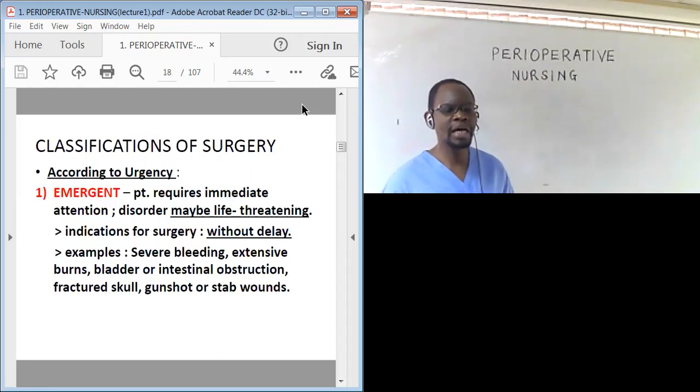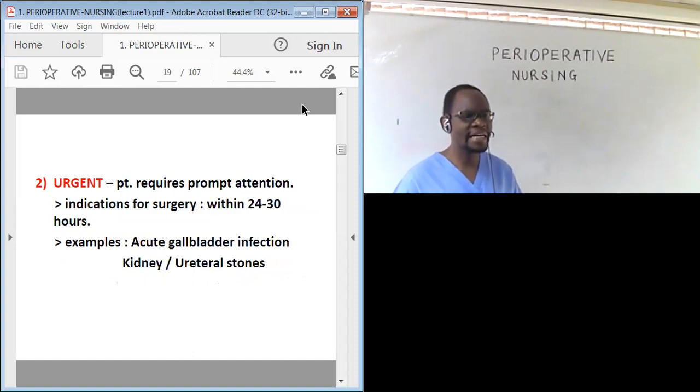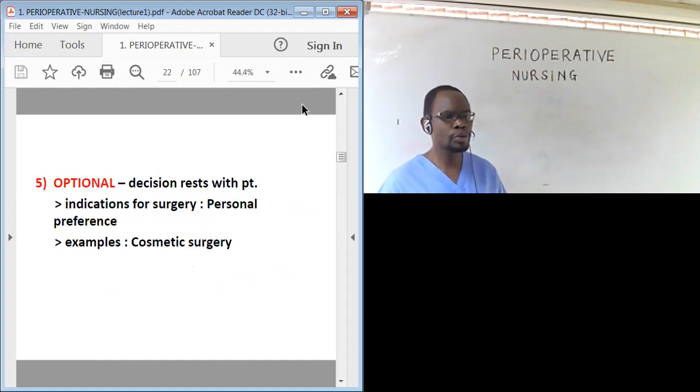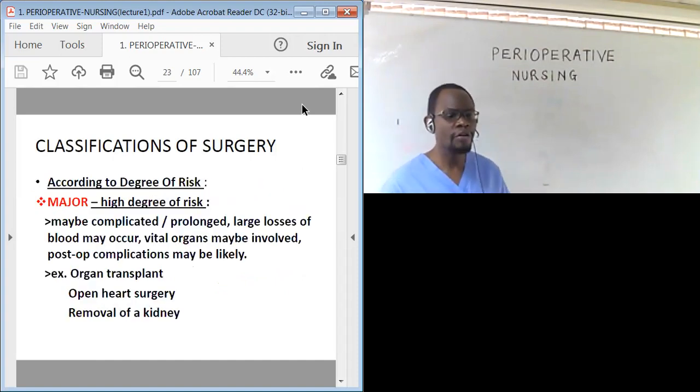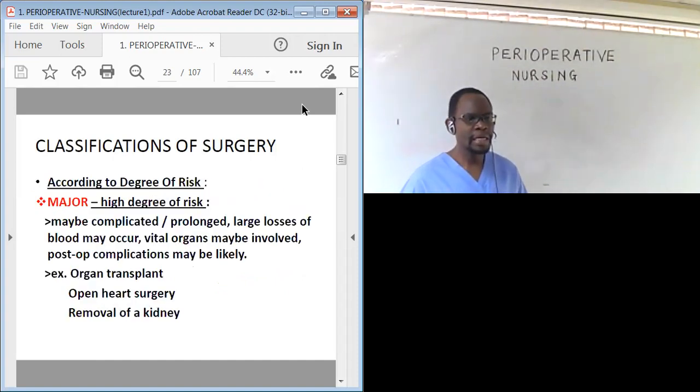And of course, you will come across this in your presentation, the classifications of surgery, which we are not going to spend so much time on. But of course, surgery can be classified according to urgency. It can be classified according to the degree of risk, where we have minor or major surgery.